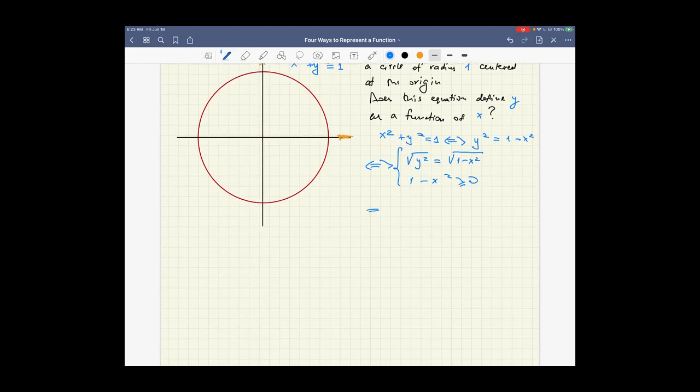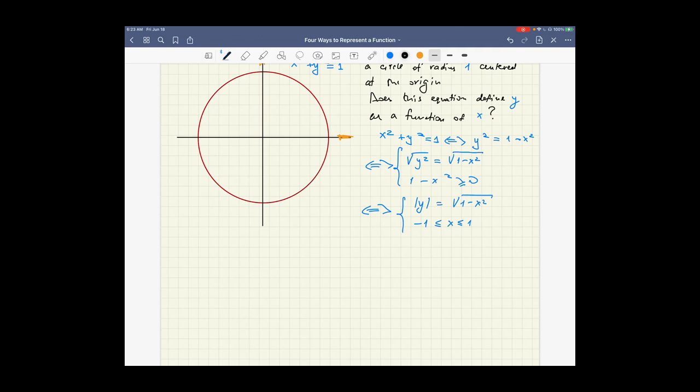Right now, this inequality means x is between negative 1 and 1, and the equation turns into absolute value of y being equal to root 1 minus x squared.